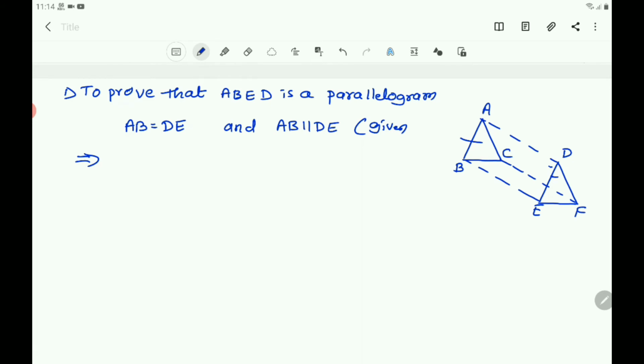Here it is given that AB parallel to DE and also AB equals DE. And here AD and BE are the lines joining the ends of the equal and parallel lines. So naturally AD also becomes equal to BE and also AD becomes parallel to BE. So if in a quadrilateral one pair of opposite sides are equal and parallel, then the other pair is also equal and parallel.